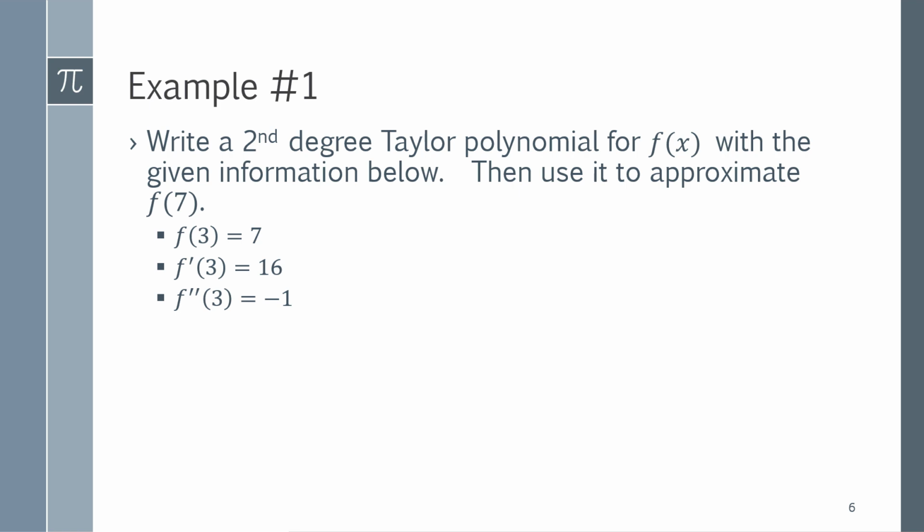To generate a second degree Taylor polynomial, I need f of a over 0 factorial times x minus a to the 0, plus f prime of a over 1 factorial times x minus a to the first, plus f double prime of a over 2 factorial times x minus a to the second. That takes me to the second power. I'm hoping that's as far as I need to go and I won't need more terms. So I'm going to start plugging things in now.